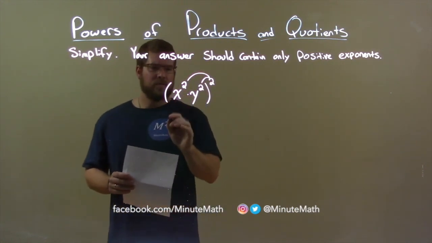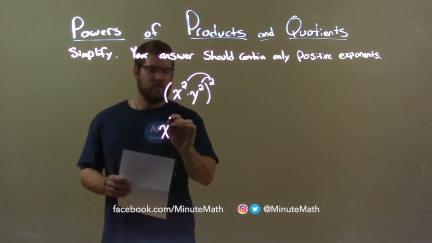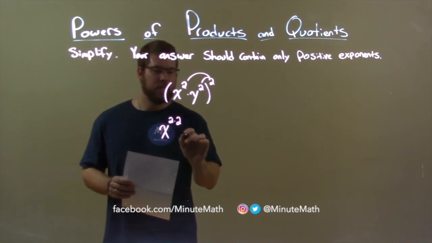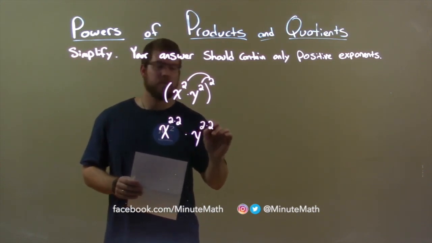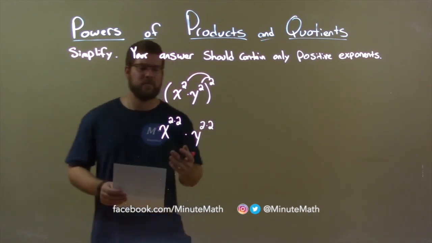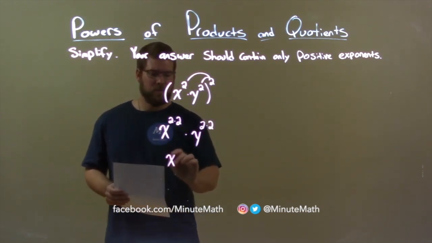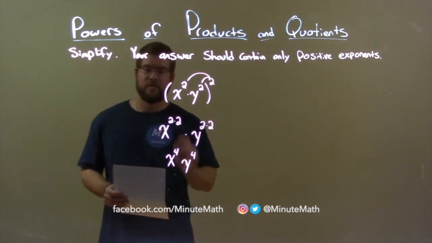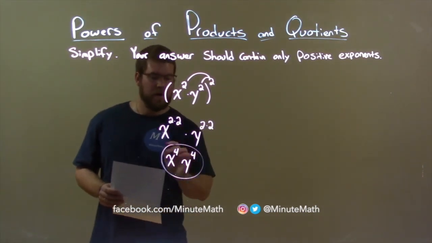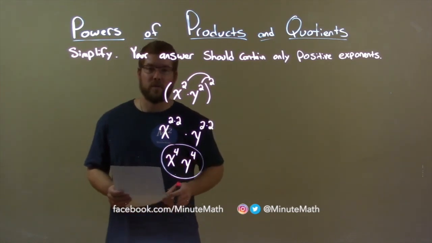So now x squared becomes x to the 2 times 2 power, and y squared becomes y to the power of 2 times 2. We now simplify. 2 times 2 is 4, so we have x to the 4th, and same thing, y to the 4th, giving us our final answer, x to the 4th, y to the 4th.